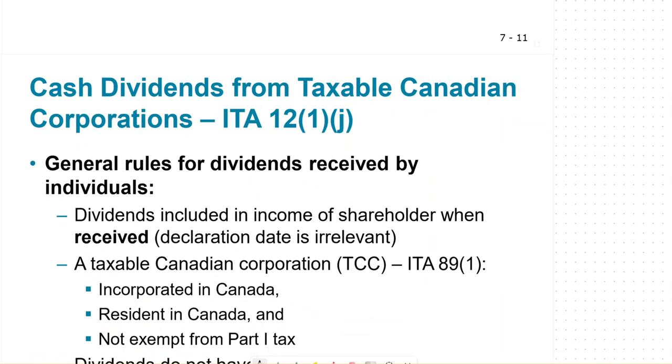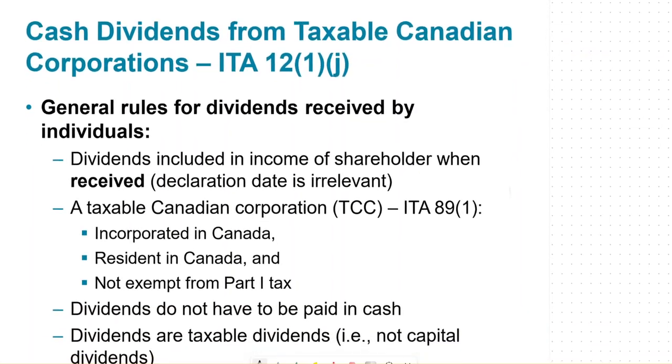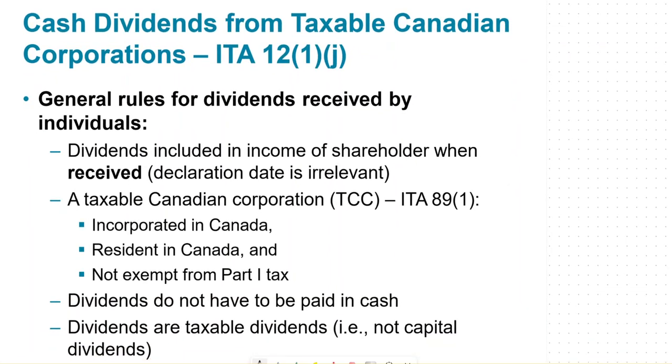Now, if you have a dividend, what happens is, if you invest into shares or you invest into mutual funds, the company gives you a dividend. There are two types of dividends. The first one is from a Canadian corporation, and then you'll have a private corporation.